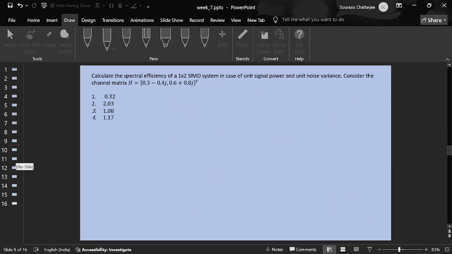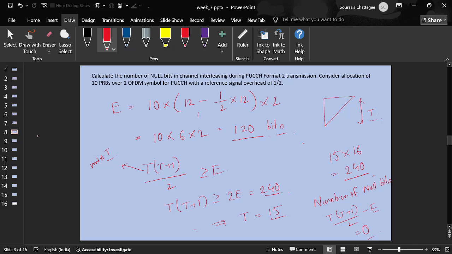What about this scenario? I have single input, multiple output, I have 1 cross 2. Excuse me. You are asking about the previous question, why it is 0, right?